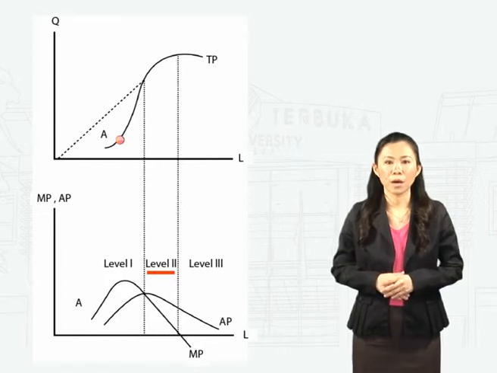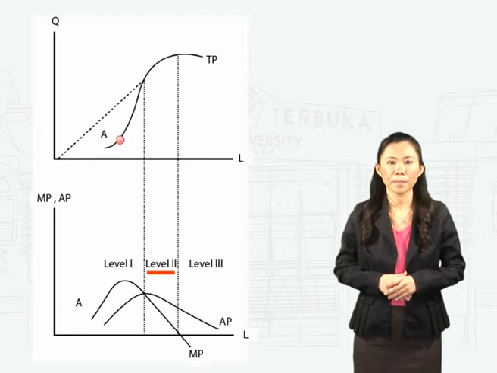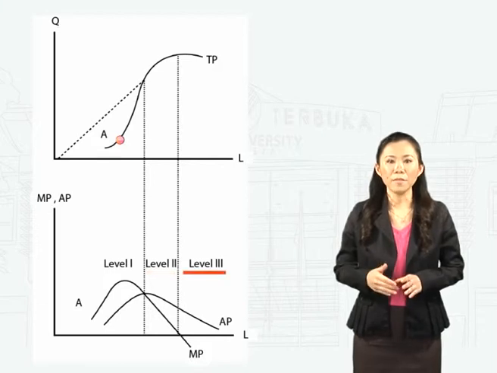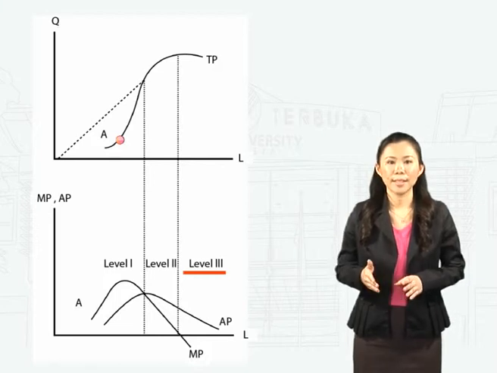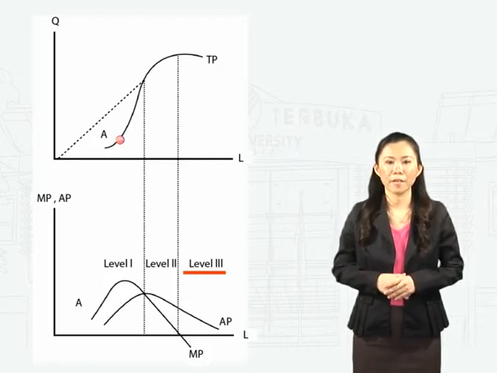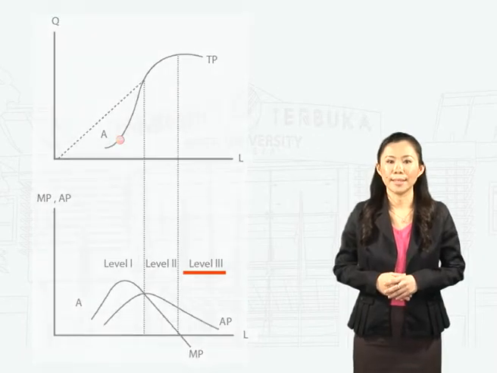Rational producers will operate at this level because the marginal product of fixed input and variable input is positive. Level 3 covers the area of negative MPL and total product decrease. This means that addition of variable input will further decrease the total output. Rational producers will not operate at this level.